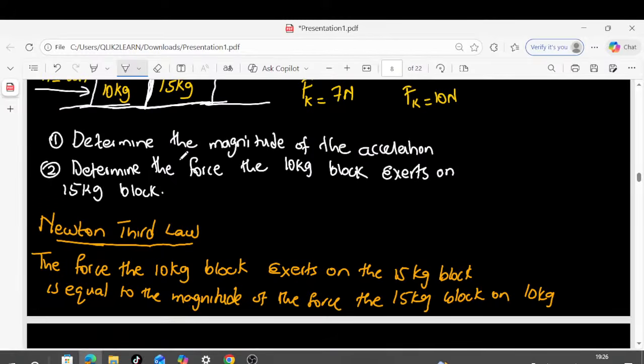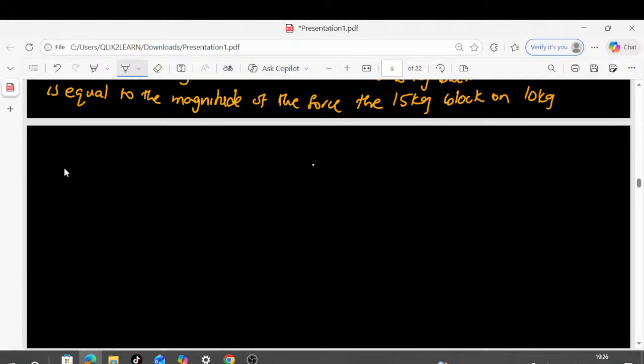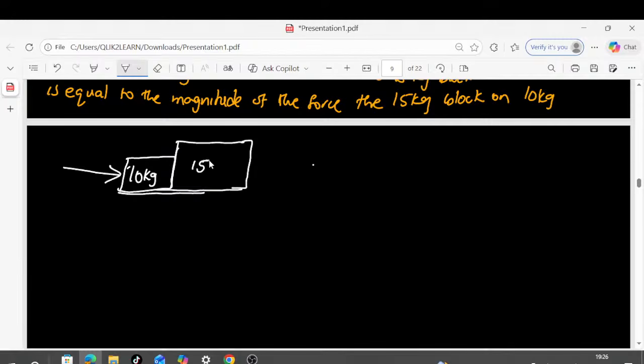I'm just going to redraw those two blocks here. We have block 1 and we have the second block like this. So this is the 10 kg block and this is the 15 kg block.